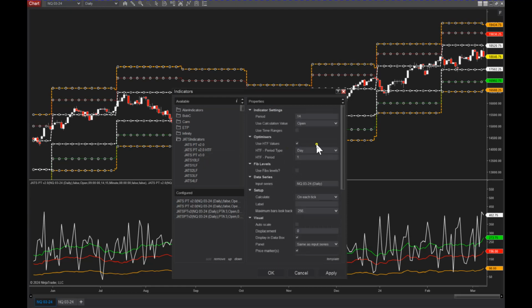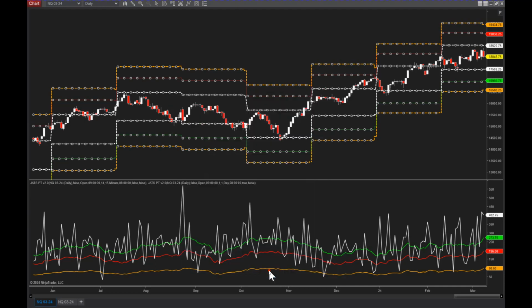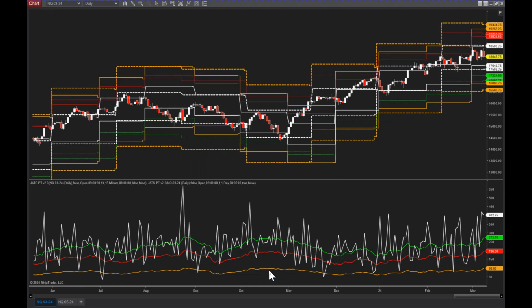So I'm going to put a monthly one, and that's solid. So there we go. The 1 month. So there could be 20 days or 21 days or 19. It just depends on how many holidays were in the month.